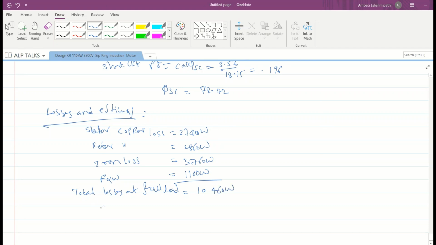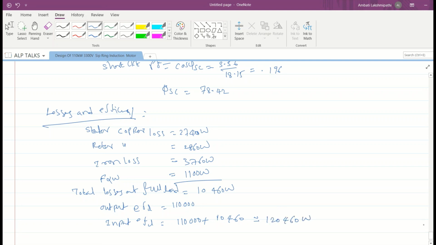We know that output at full load is 110 kilowatt, that is 110,333. So input at full load is 110 kilowatt plus we should add this 10460 extra, which comes to 120,460 watts.